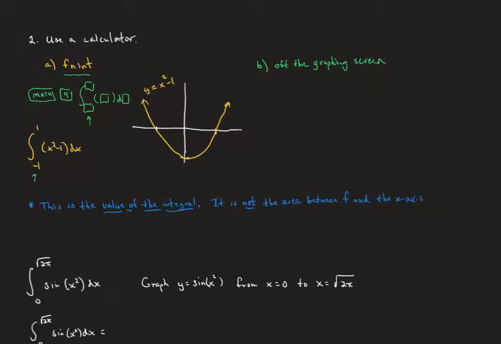We're going to put in our lower limit, so you'll hit -1. Then if you go up arrow, that will put you into this spot here, and you can just hit 1 there. Then you can hit right arrow, and that's going to put you right here. Now, sometimes you can just enter the function, so we can just hit x squared and then -1.